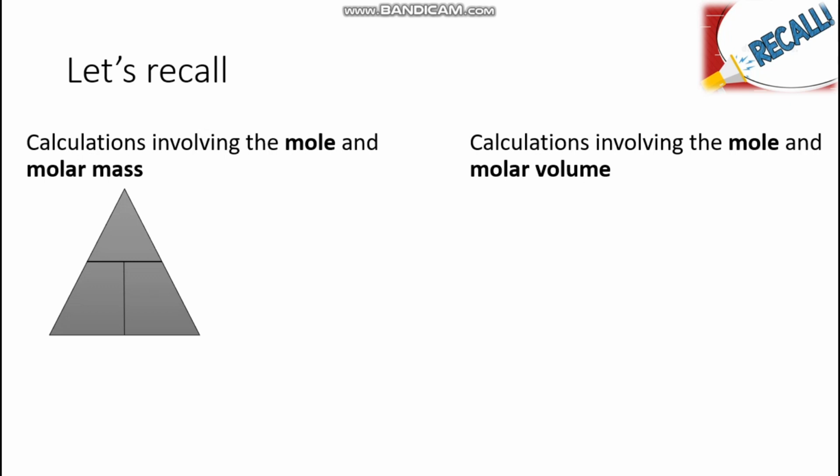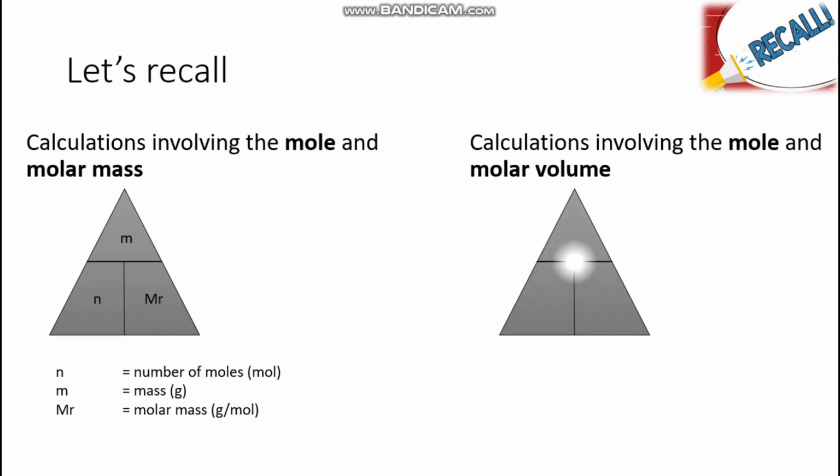Remember the simple triangle that shows calculation involving the mole and molar mass consists of N, M, and Mr. N is number of moles, the unit is mole. M is mass, the unit is gram. And Mr is molar mass, the unit is gram per mole.